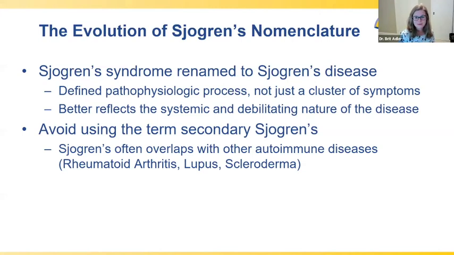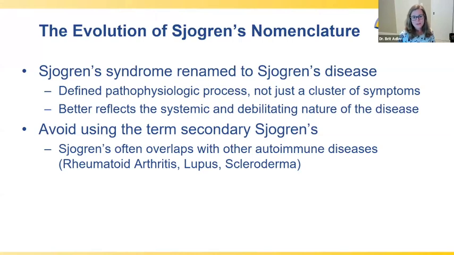And so the word disease is supposed to better reflect this. Also, I think the word disease reflects that this is a systemic disease that is debilitating. And so many foundations and groups have made a push to rename this to Sjögren's disease.